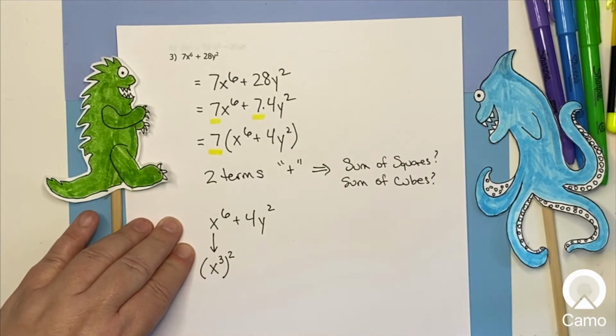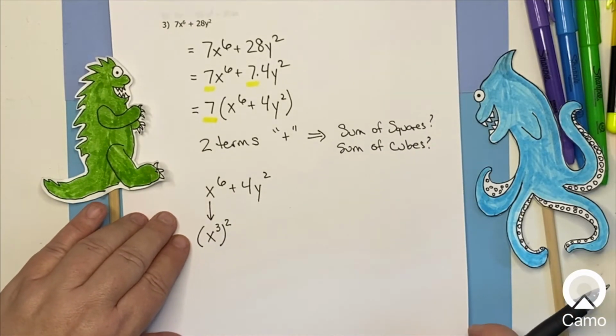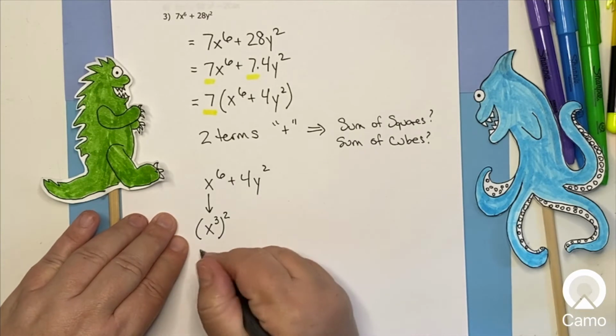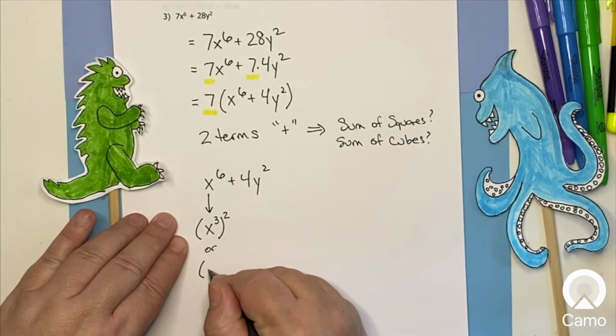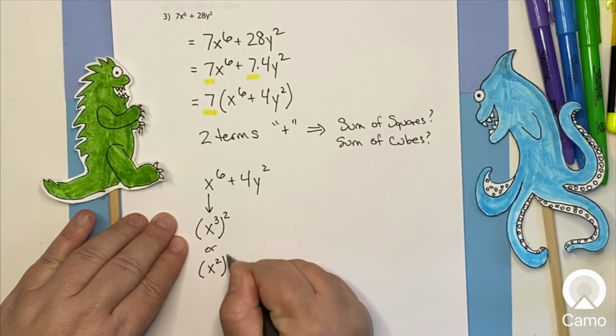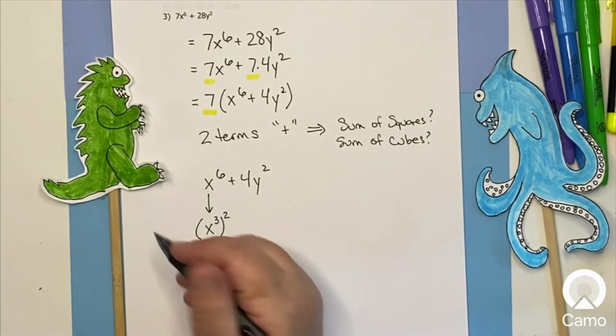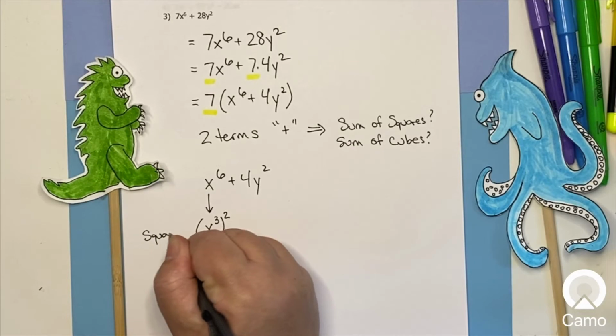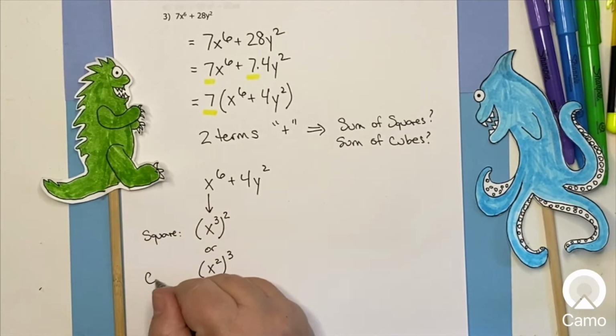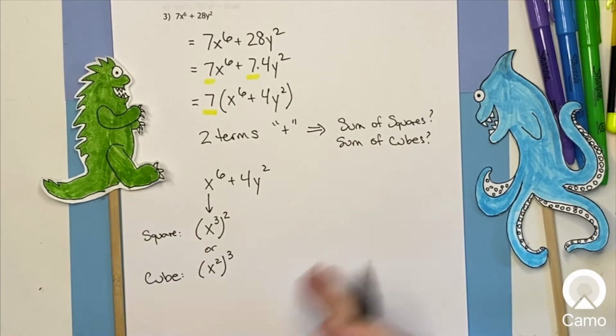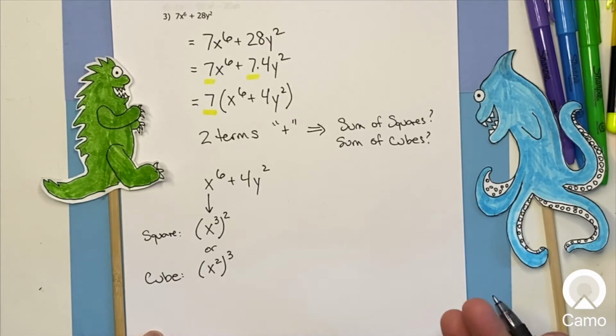But by that same token, I can also set it up as x squared, cubed. So x to the 6th is a square and a cube. So it can go in either direction. It's very useful that way. Sometimes kind of frustrating because it's not obviously one or the other, so you have to check both.